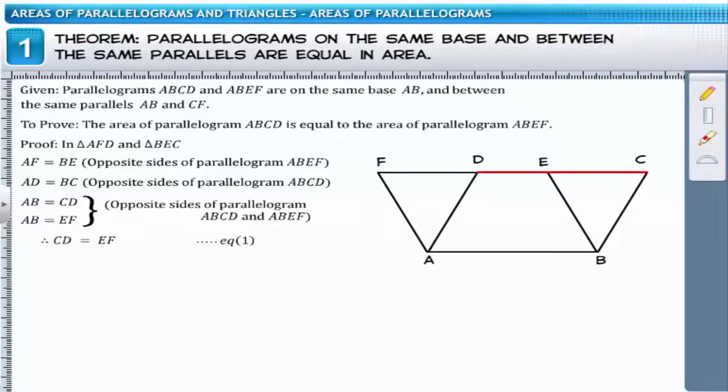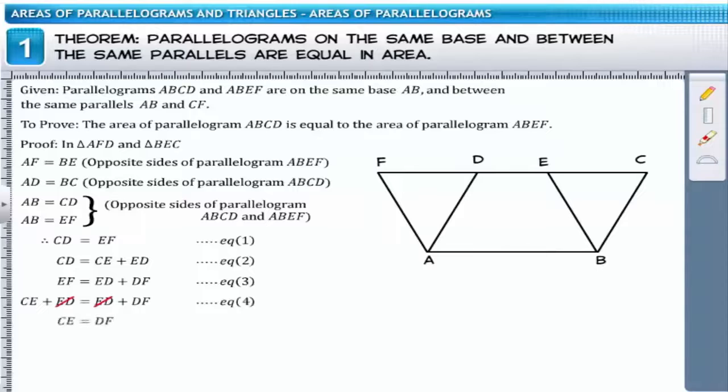Now, if you look at CD, it is equal to CE plus ED. Similarly, EF is equal to ED plus DF. Based on this, we get equation 2 and 3. On substituting equation 2 and 3 in equation 1, we get equation 4. Cancelling ED from both sides of equation 4, we get CE is equal to DF.